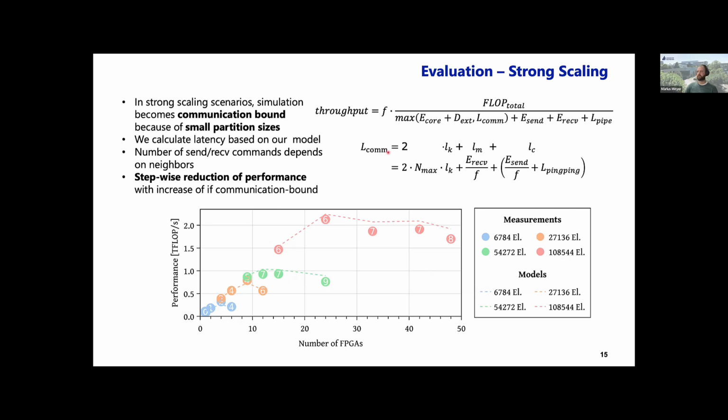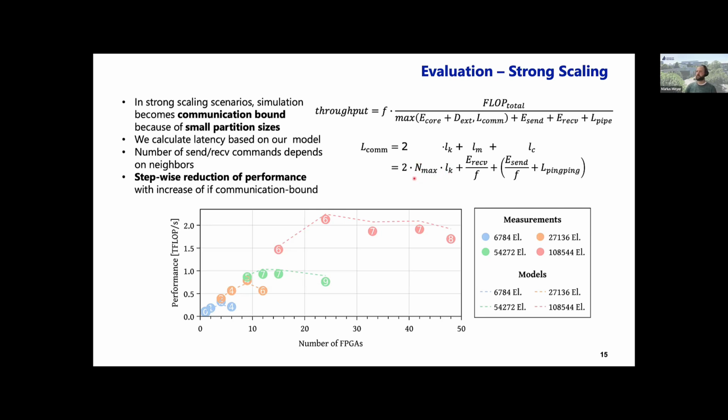What we now have is that, depending on the partitioning that we choose and also the size of the partition and the size of the mesh, we may have a different number of neighbors for our partitions. And for each neighbor that we have, we need to call basically a send and then a receive via the CCLO to send and receive the halo.